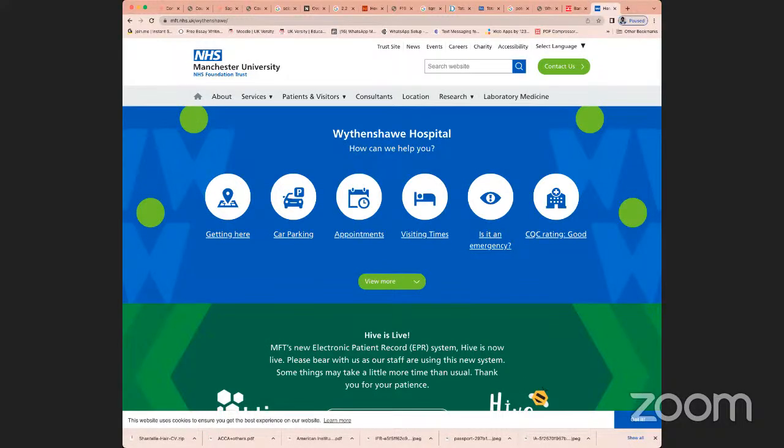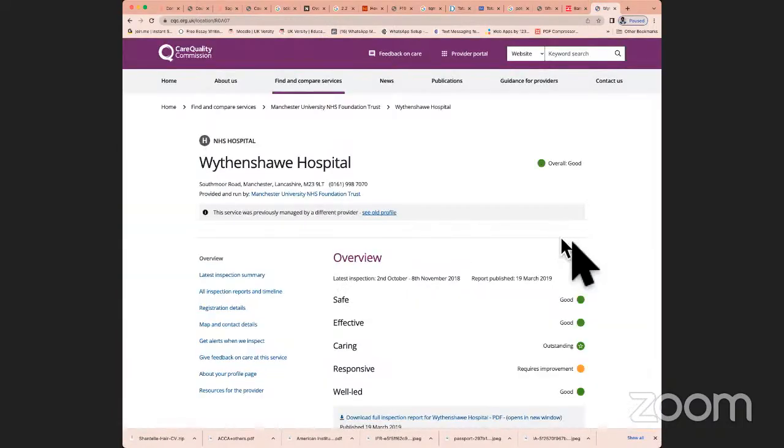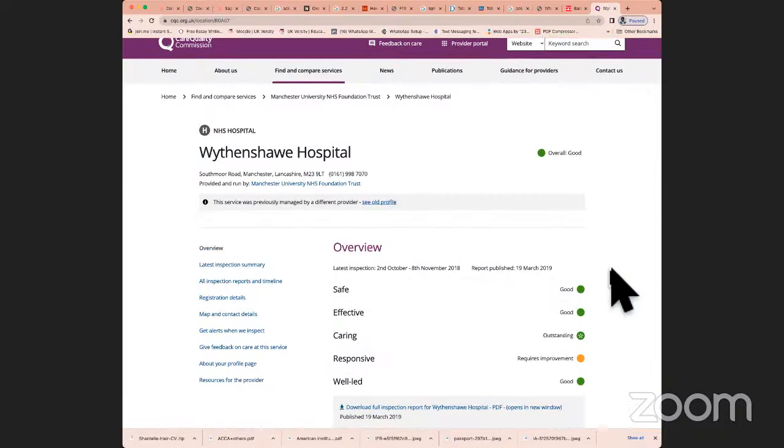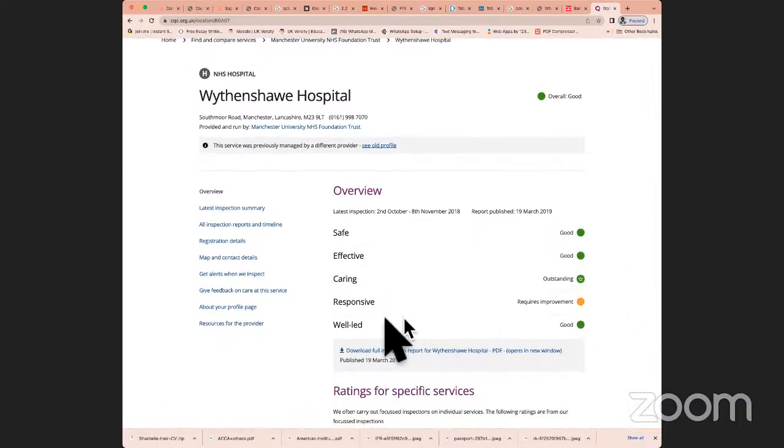So if I share the website with you for a minute, this is the website of the NHS Manchester University NHS Foundation Trust. Here, you see the CQC rating on the homepage of the hospital is good. When I click on this rating, you'll be able to go in and see the latest inspection report.